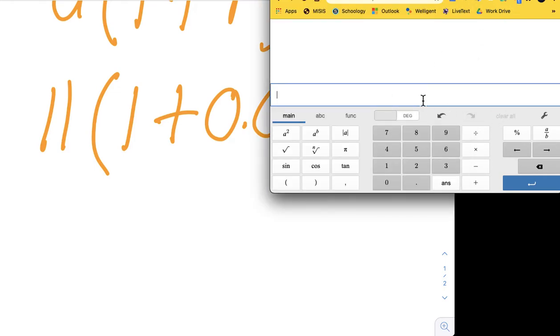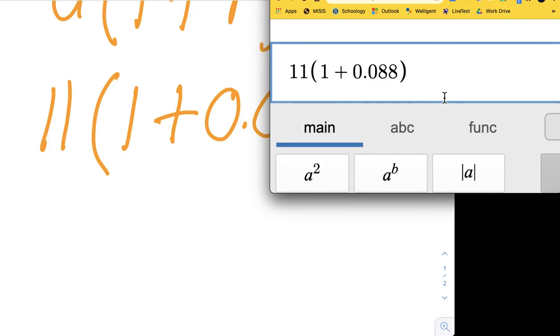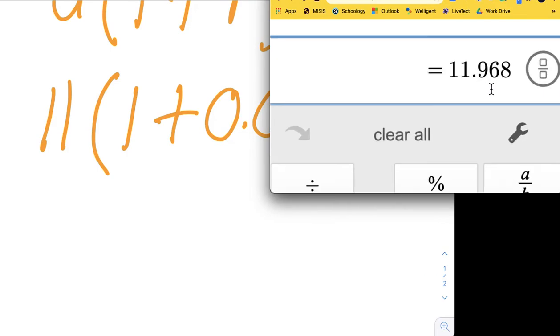So we're going to clear all, and we're going to say 11 parentheses 1 plus 0.088 parentheses. And look at that. As soon as I typed it in, look at that.